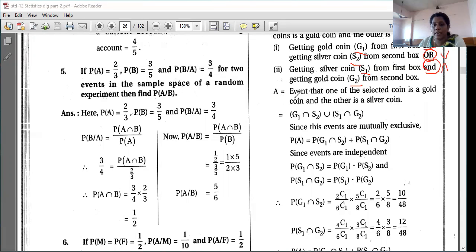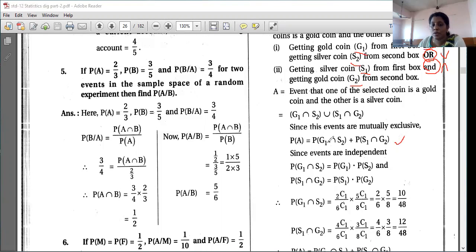Now event A is that one of the selected coins is a gold coin and the other is a silver coin. So what do we have to find? G1 intersection S2 union S1 intersection G2. So P of A will be P of G1 intersection S2 plus P of S1 intersection G2.